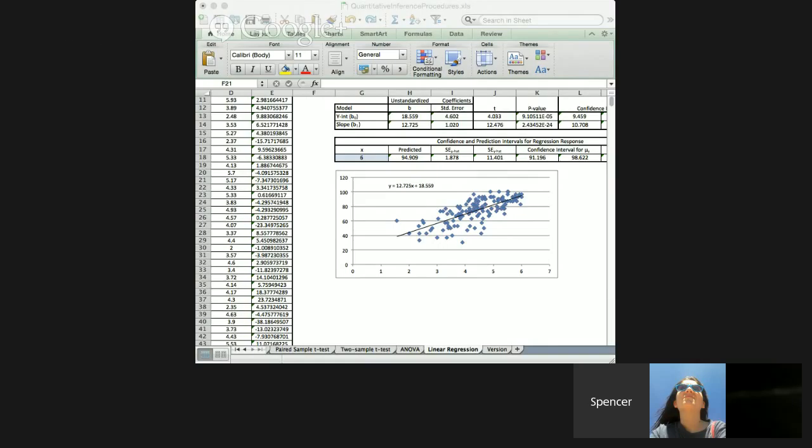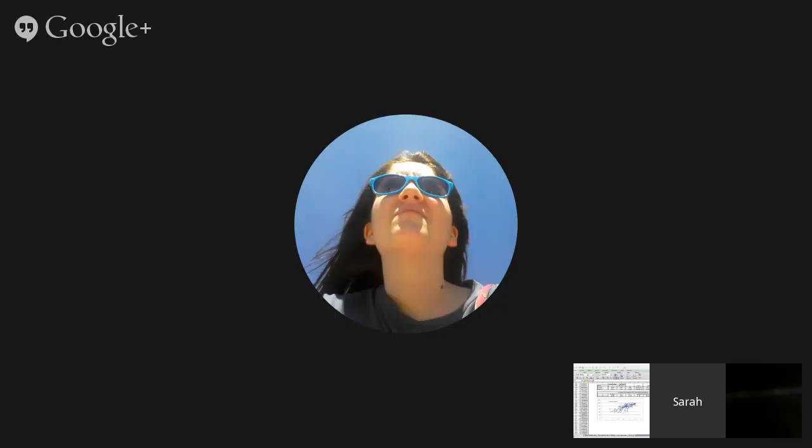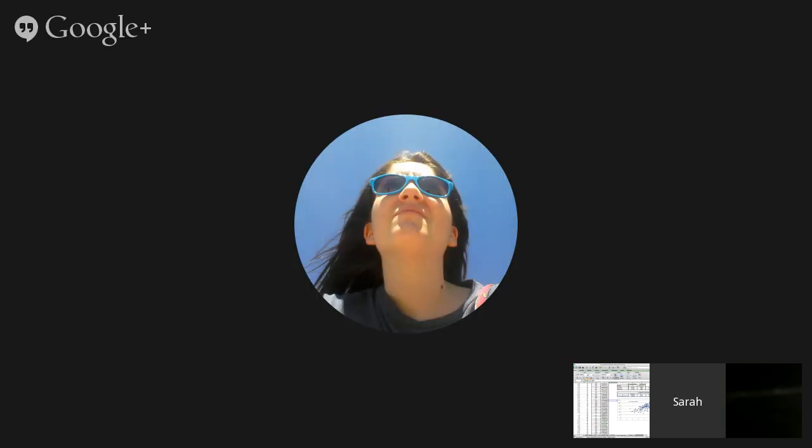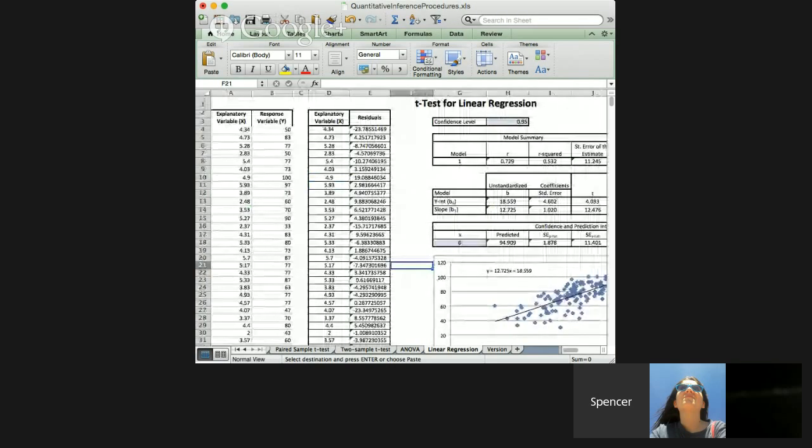Once you have already entered in. Okay, to make a residual plot. Okay, let me make this. Hold on real quick. Here we go. And then click on insert, and then click on scan. Okay. Cool.